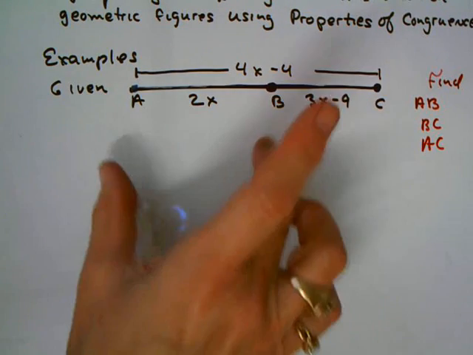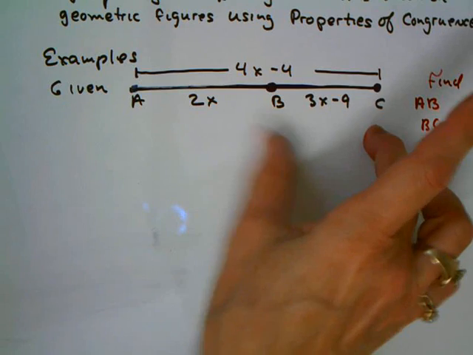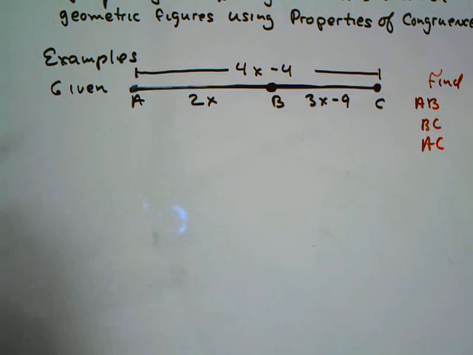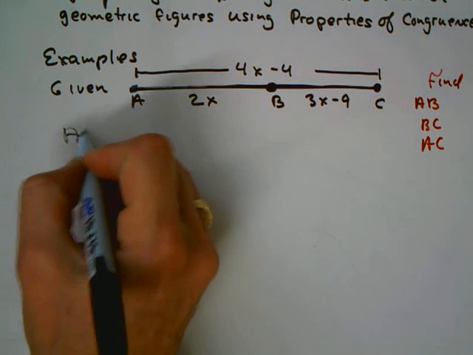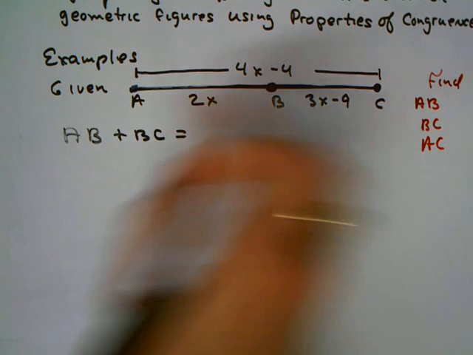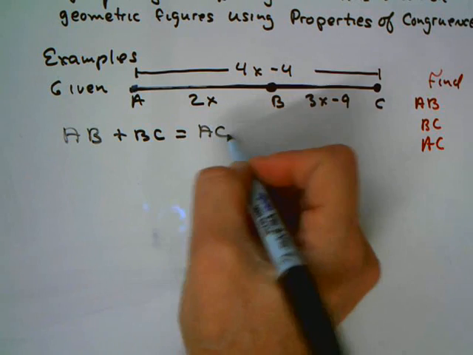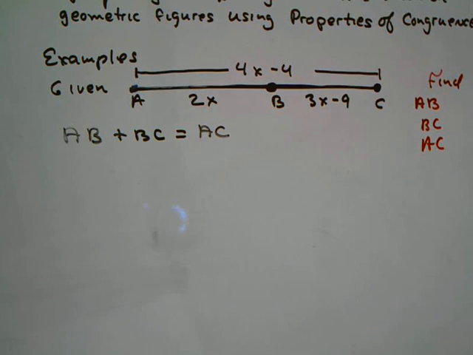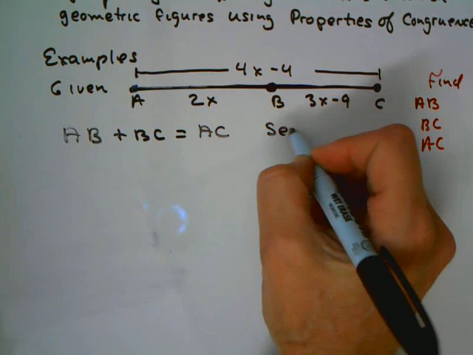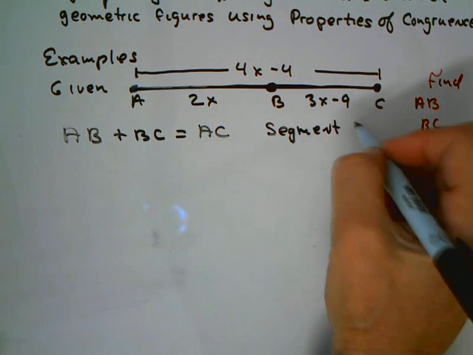But what I do know is if I took A to B plus B to C, it would equal A to C. You know that by looking at it, but it's also a postulate. Since these are segments and we're adding, it's the segment addition postulate. So that's our reason that we can write this.